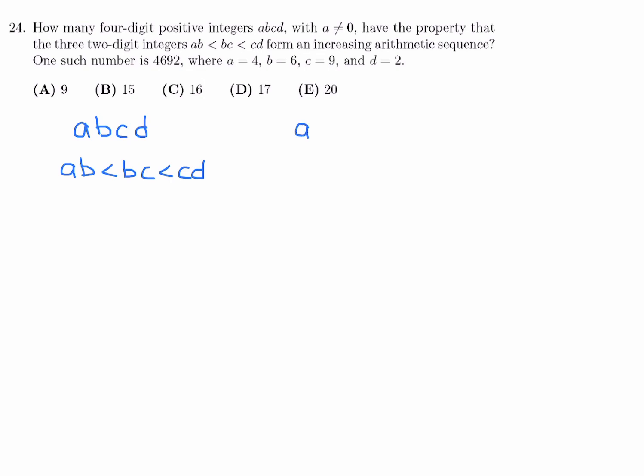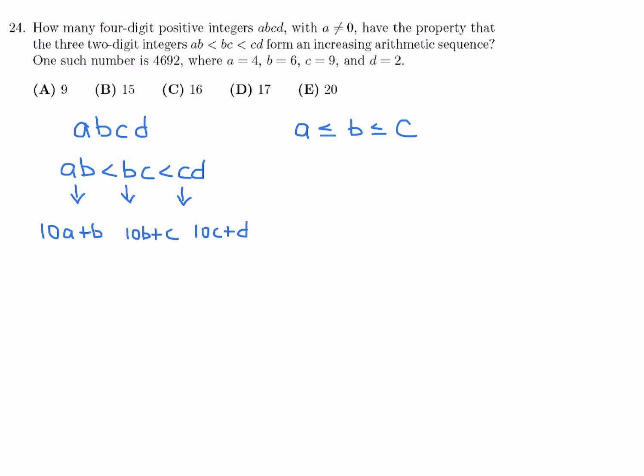And also, for that to happen, a has got to be less than or equal to b, which has got to be less than or equal to c. Where all 3 integers, if we were to write them in proper format, are 10a plus b, 10b plus c, and 10c plus d.